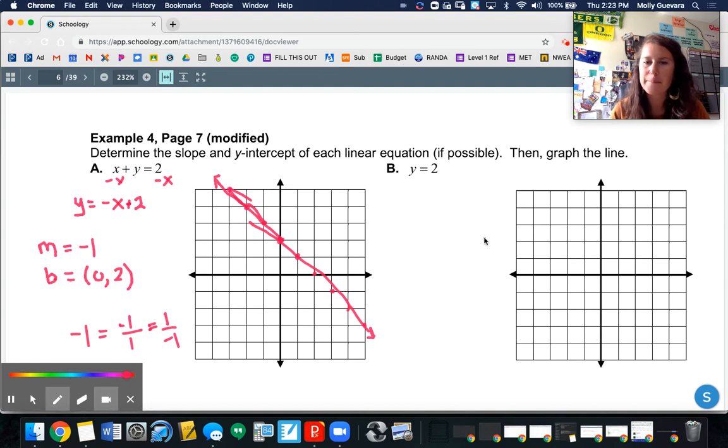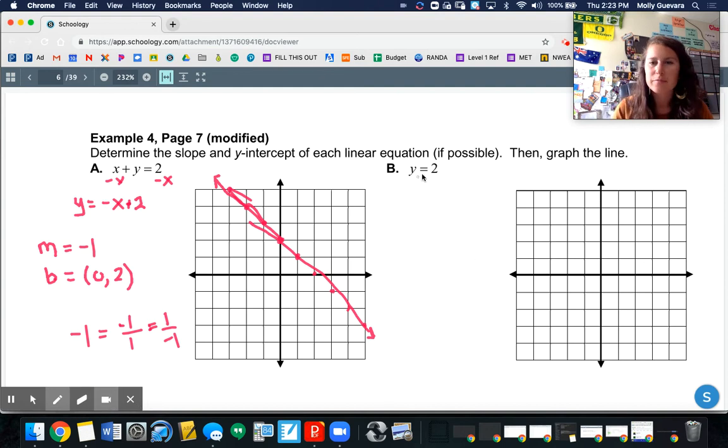Okay, this one, notice that there's no x. So this is really like y is equal to 0x plus 2, right? Because 0x is just 0. So this is what tells me that my slope is 0.